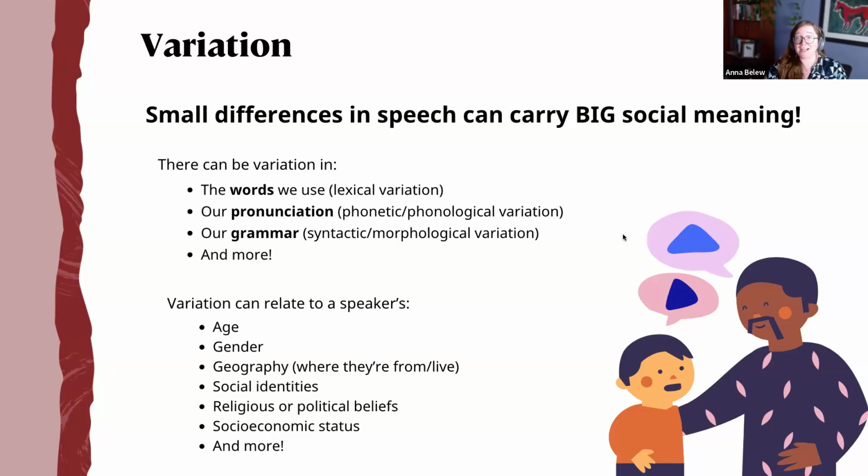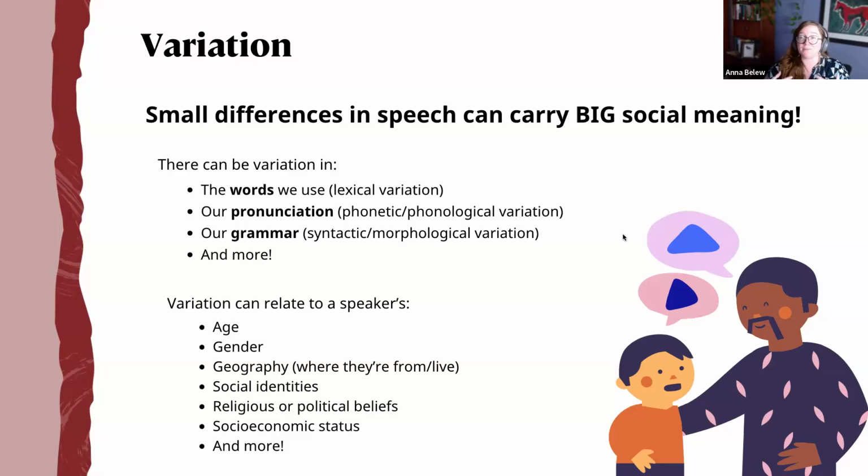There's a great study of a high school in the Midwest US where the kids in different friend groups actually talked a little bit differently. They were from the same social class, they lived in the same place, but because some of them were sports kids and some of them were cool rock and roll kids, they actually started talking differently.